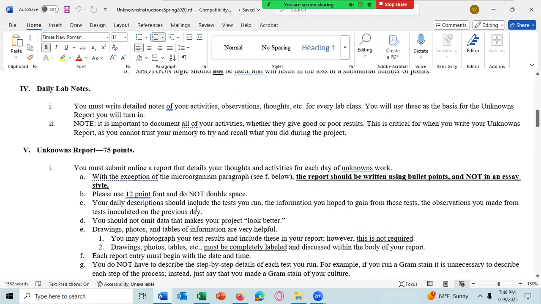You should put your daily descriptions, including the tests you run, the information you hope to gain from the test, and the observations you made from the test. You should not omit any data to make your project look better. You do not need photos, tables, and drawings, but if you do include them, they are very helpful.